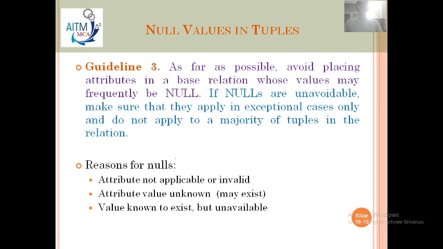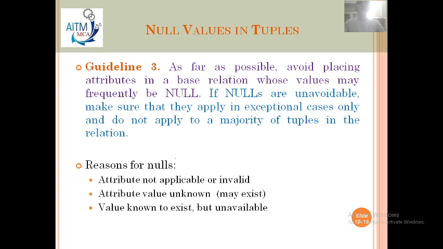And the third reason is, you know the value and it exists, but it is unavailable, meaning you don't want to express it, or bring it to others' notice, or you don't want to enter it.